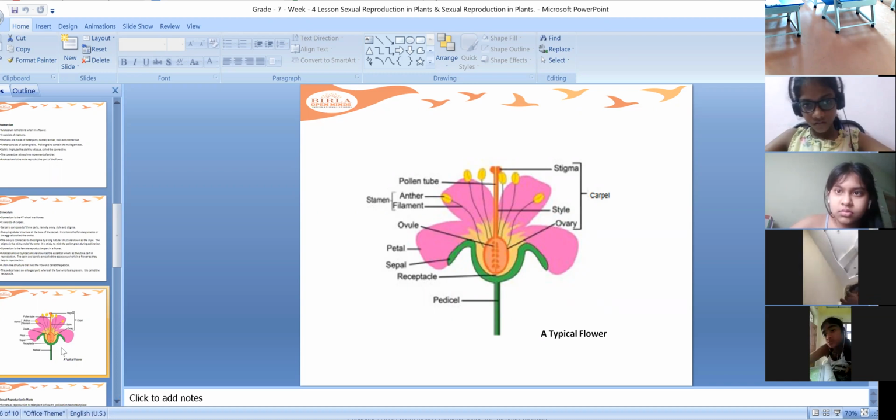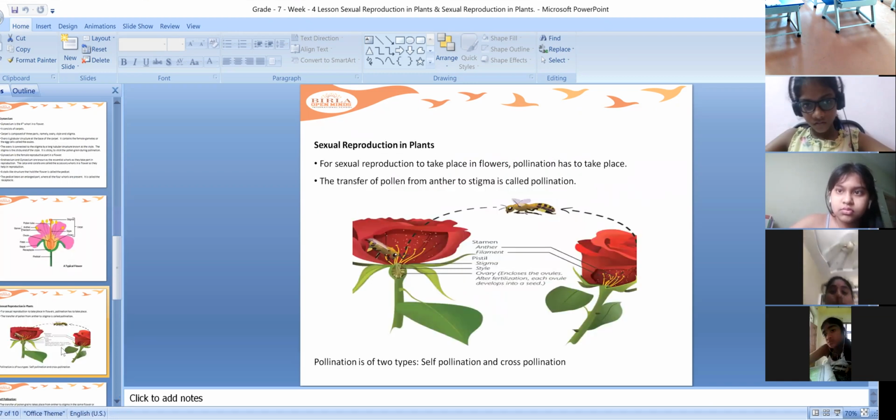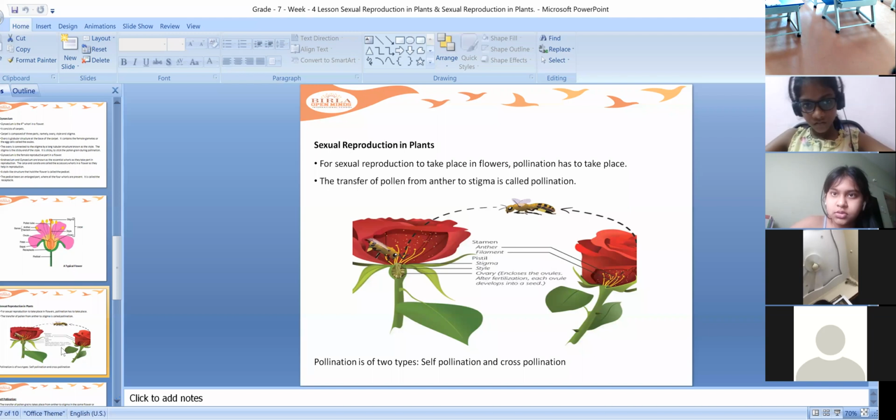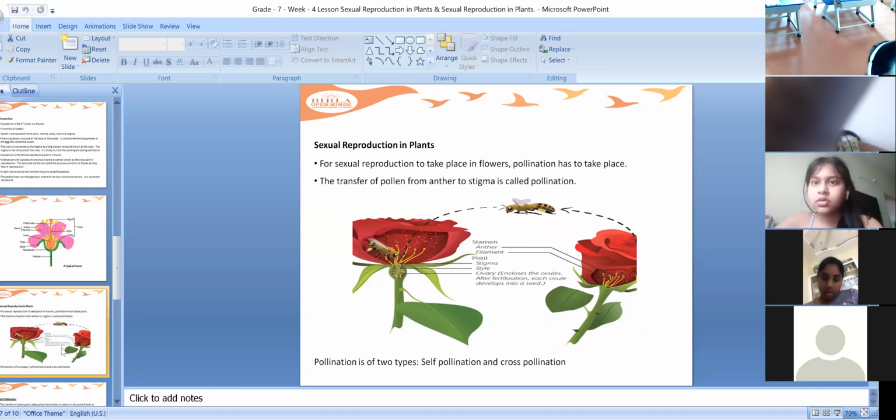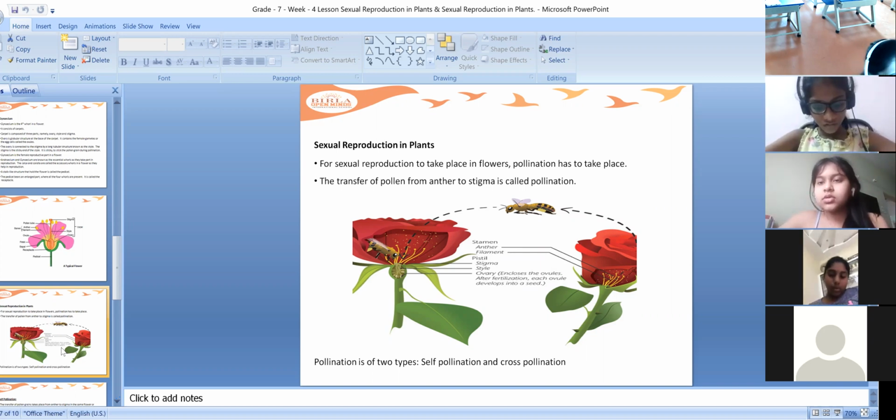You can see in this picture the bee which sat on this flower is going and sitting on another flower, transferring the pollen grains from one flower to another. Sexual reproduction takes place in flowers. Pollination has to take place first, so this bee will be the carrier, responsible for the pollination.